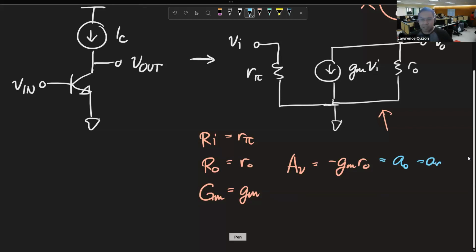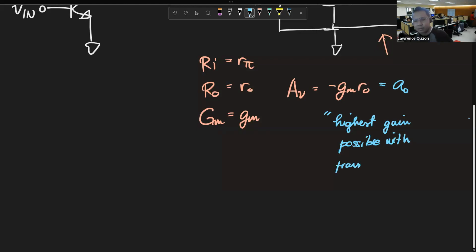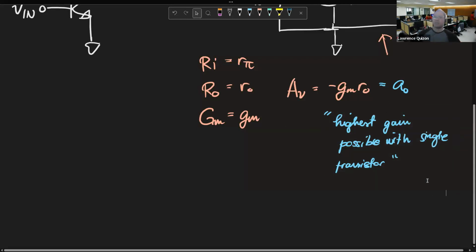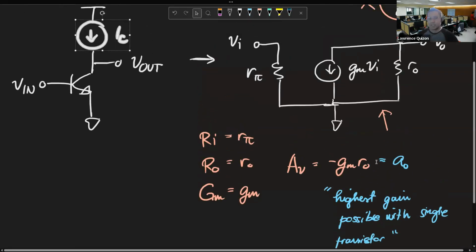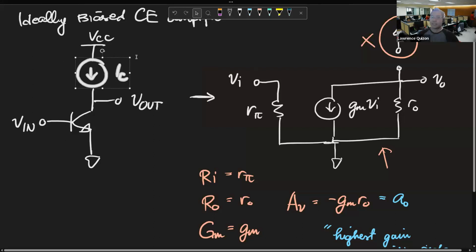But in the slides they say it's A0, and we define it, no, as the highest gain possible with a single transistor, no? It's the highest gain possible with a single transistor at this specific biasing, no? There is no way to get this higher at the same IC, no?